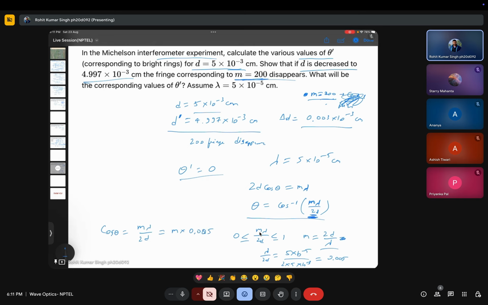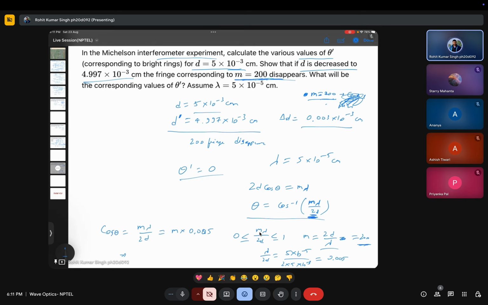0.005. Okay. And the maximum, if you invert it, it will be 200. Okay, so this is the maximum order, right? So 200 is the largest order fringe, you see.